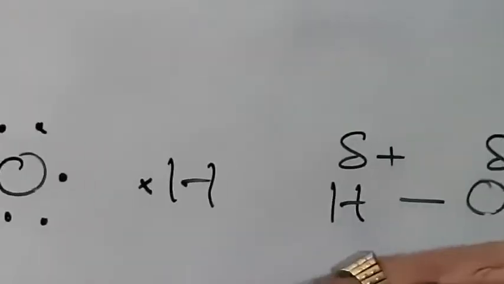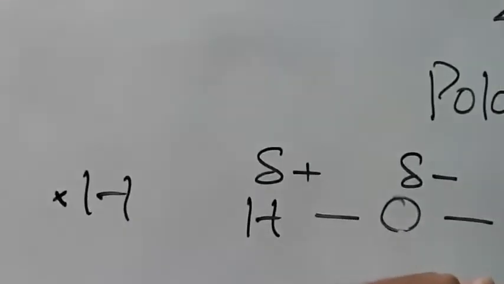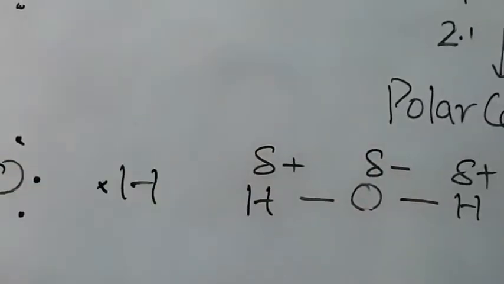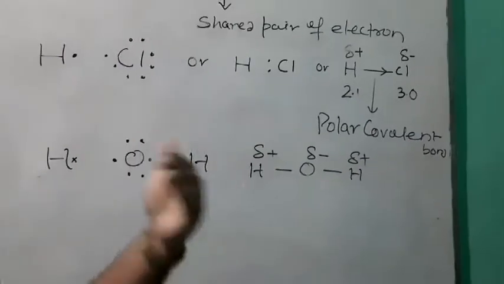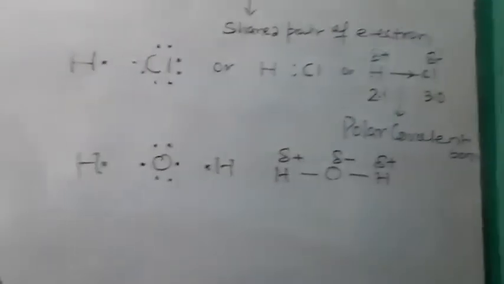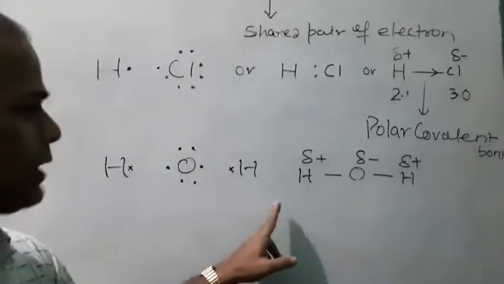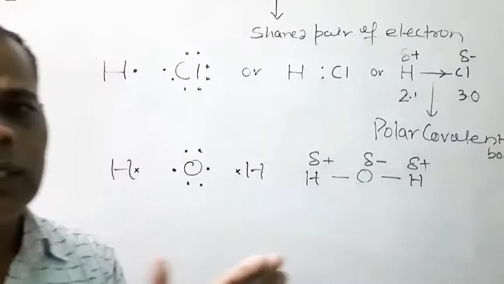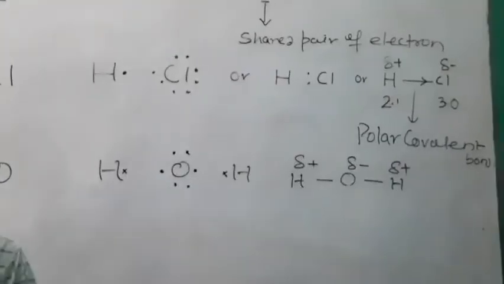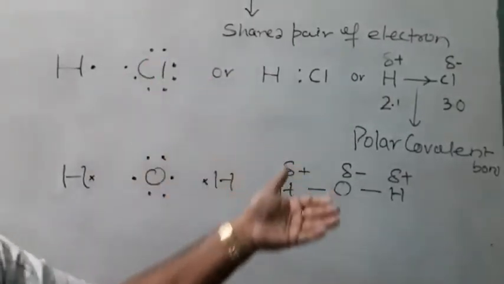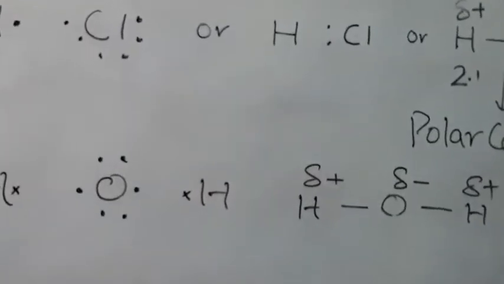So once again, the bond thus formed is called polar covalent bond and the molecule is called polar covalent molecule. So H2O is a polar covalent molecule. HCl is a polar covalent molecule.